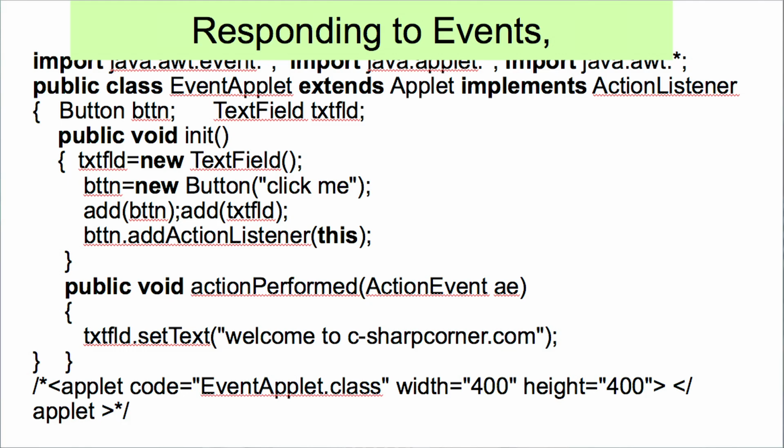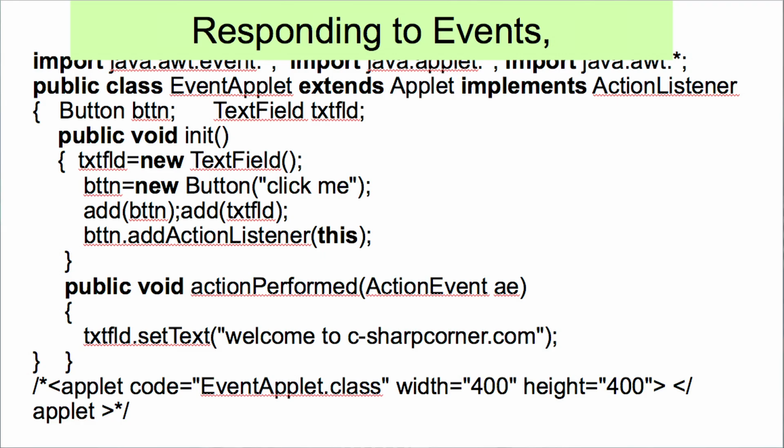And then button.addActionListener. So we are combining this button with the action listener, which means whatever event happens on this button will be read and accessed, and the argument of this addActionListener is this, meaning the same class, which is the applet class EventApplet. This is by default the object of this class. If we are using any object inside the class itself, it is represented by the this keyword.